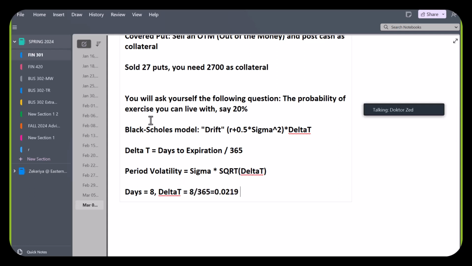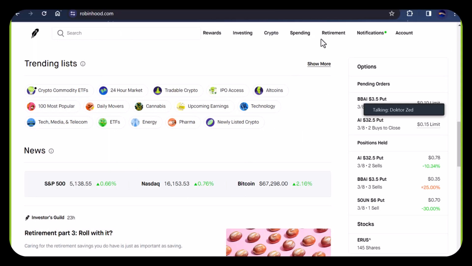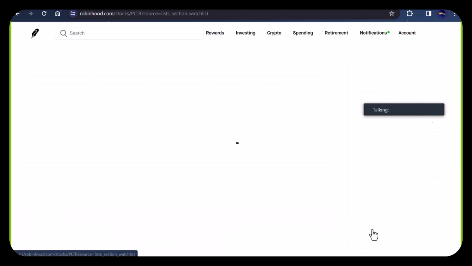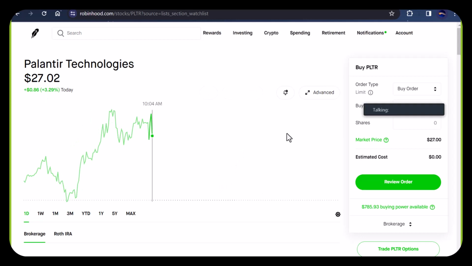Okay. Let's look at that Palantir. Just because I'm teaching you guys, I'm losing money. I could have bought this thing back at 18 cents.